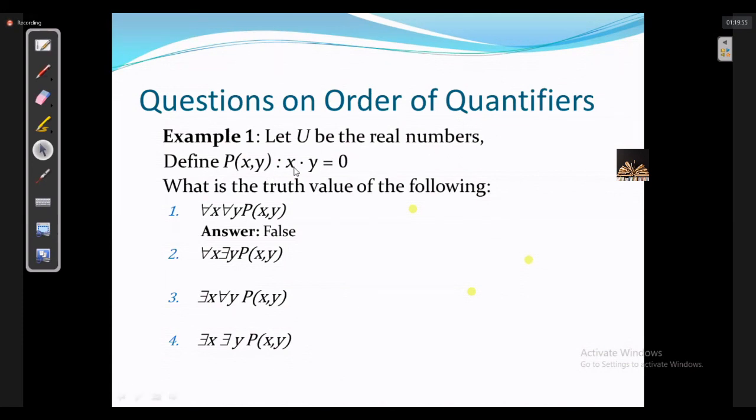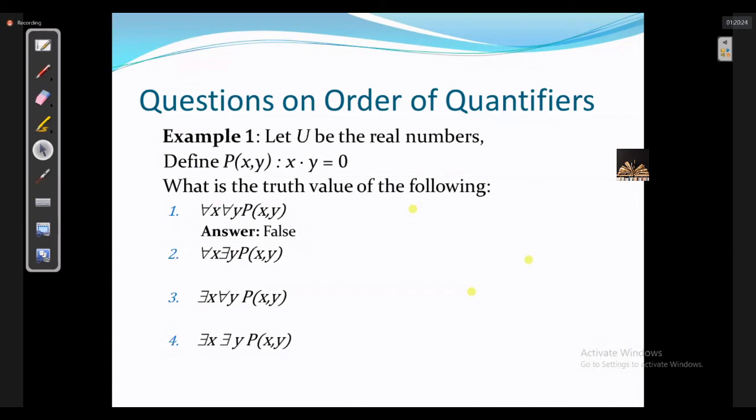P of x y is x dot y equal to 0. For all x, for all y, P of x y. For example, x takes the values from 1 to any, y takes the values from 1 to any. For all x, all y, is x dot y equal to 0?